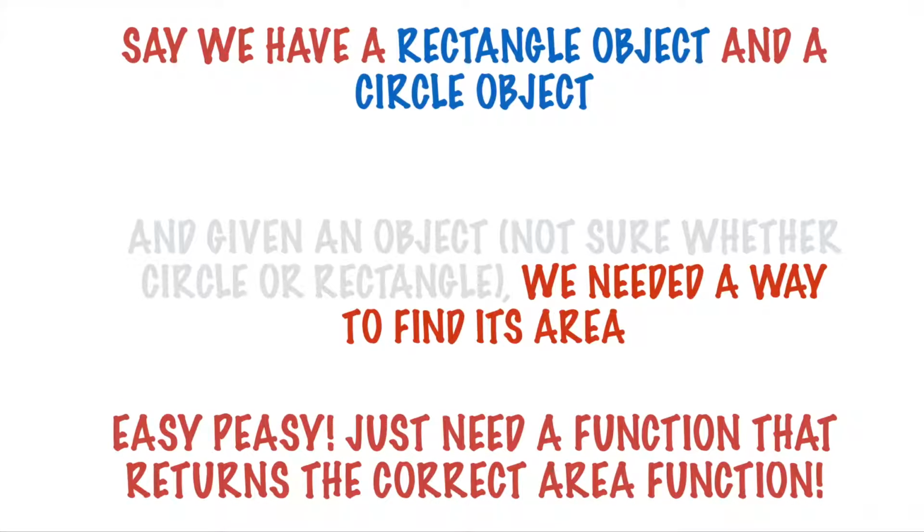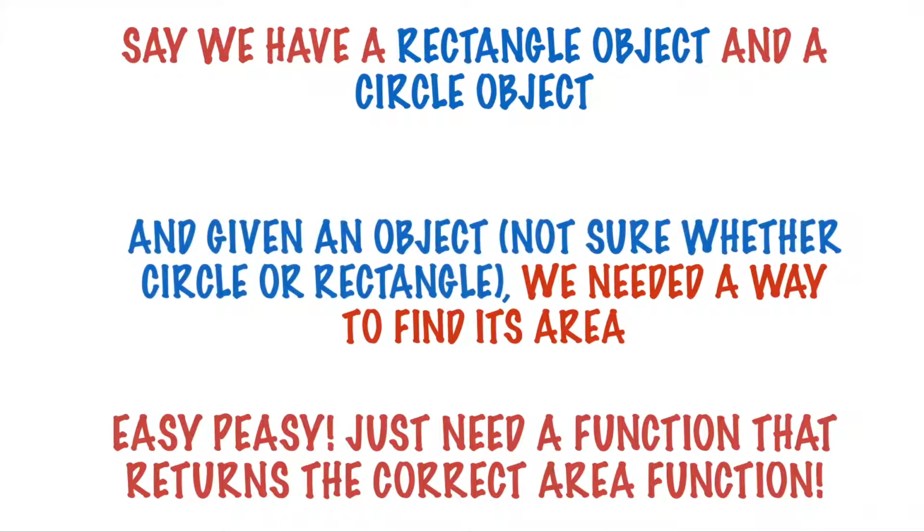So now you see, given an object, when you don't know what type it is, rectangle or circle, how you can create a function which returns the correct function to calculate the shape's area. It was easy, given that functions are first-class citizens in JavaScript.